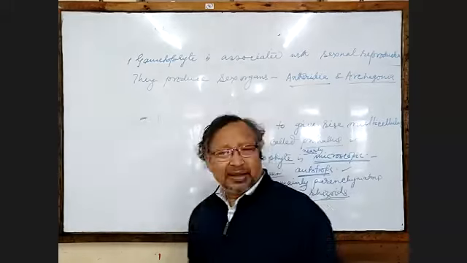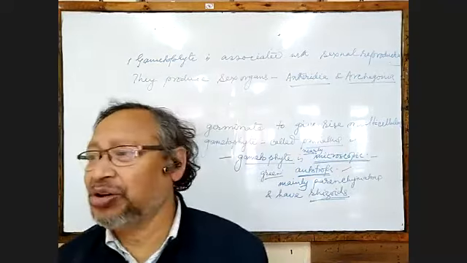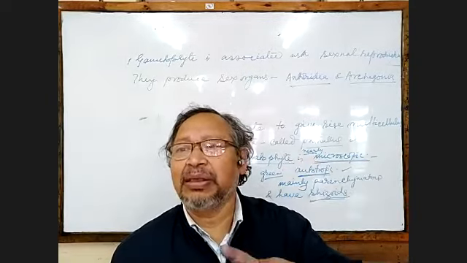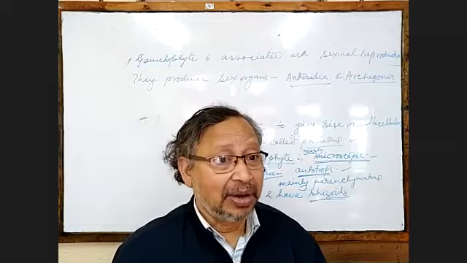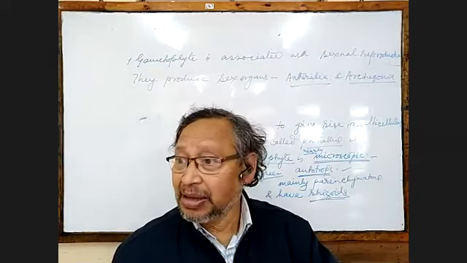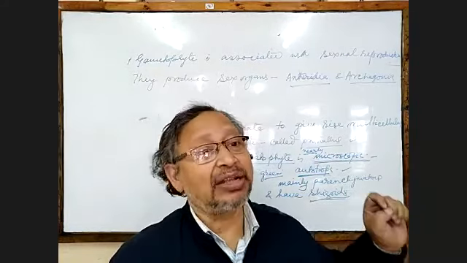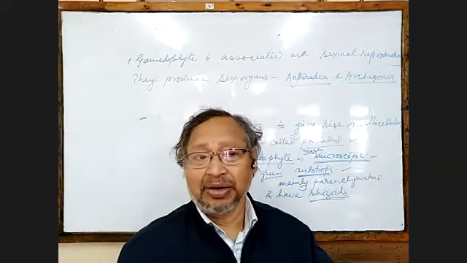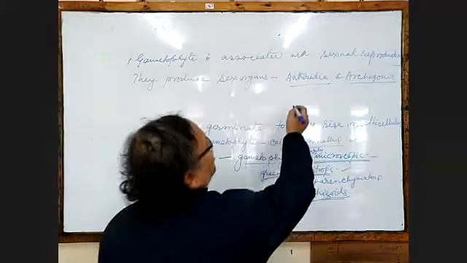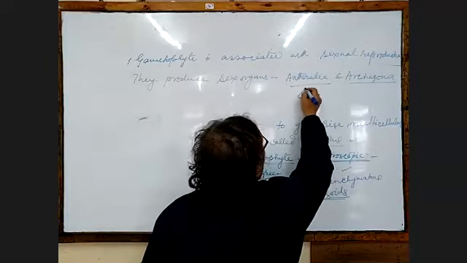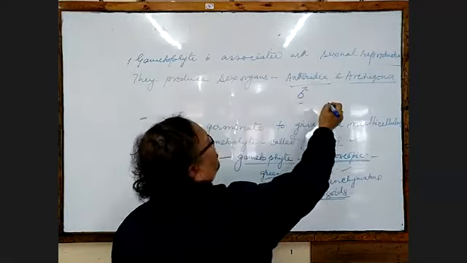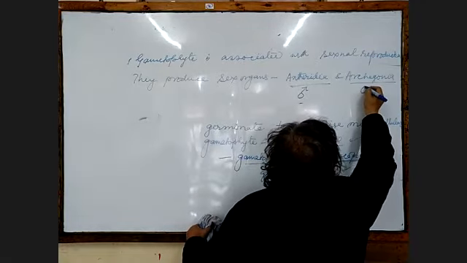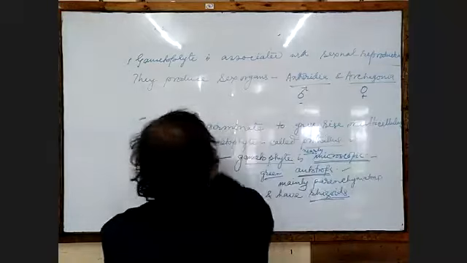See here also the pteridophyte resembles the bryophyte, because in the bryophyte the sex organs are antheridia and archegonia. Antheridia is the male sex organ and archegonia is the female sex organ.